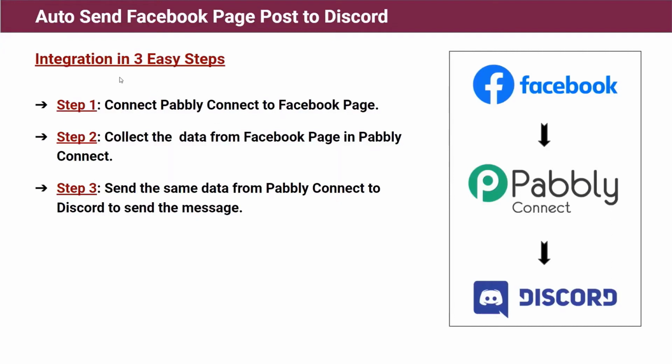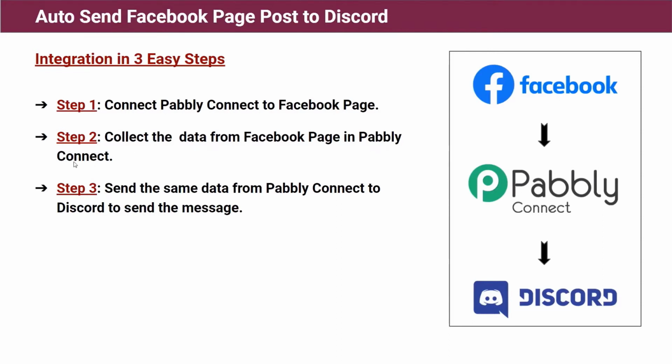So guys, these are the 3 easy steps by which you can also make this integration or connection between Facebook page and Discord. Step 1 is connect Pabbly Connect to Facebook page. So in the first step, we will open up Pabbly Connect and connect our Facebook page with Pabbly Connect. Step 2, collect the data from Facebook page in Pabbly Connect.